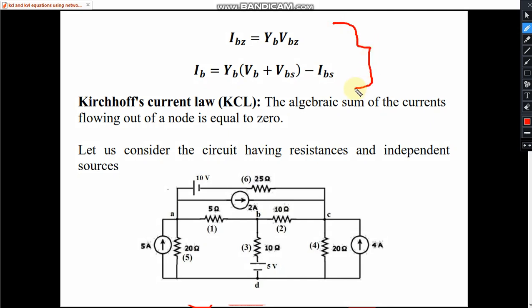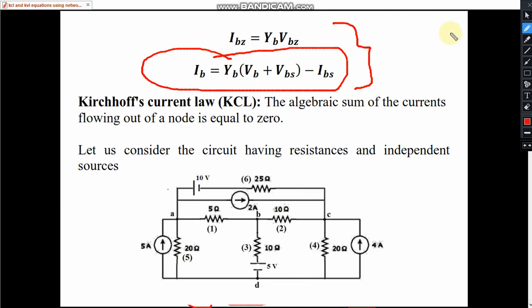and if it is so, again the equations are in the same form. This is the form of the equation. Okay. So for a general element, we can summarize the voltage current relationship with the help of these matrix equations.